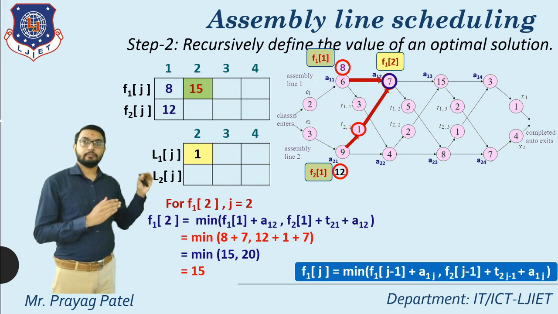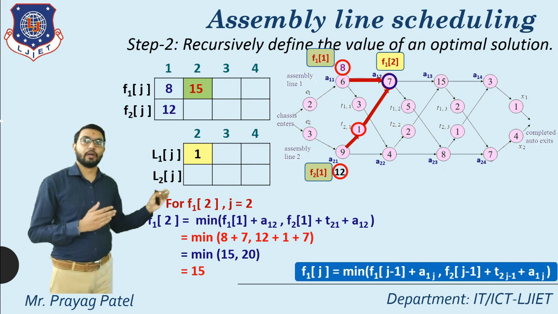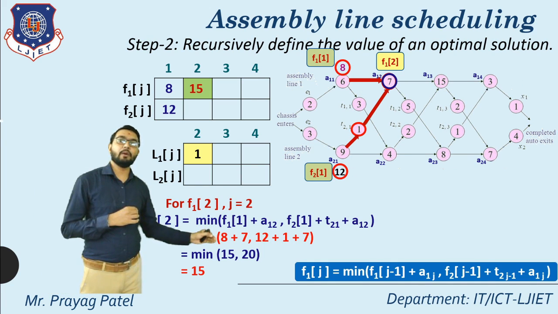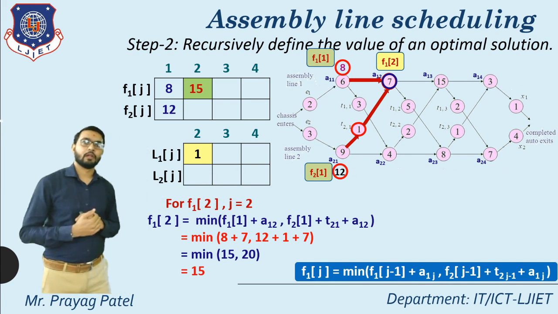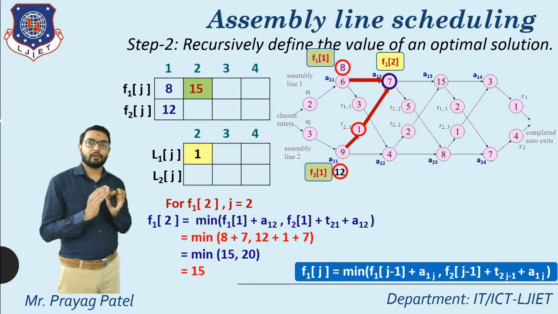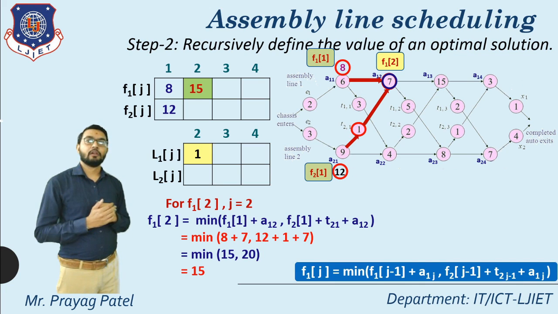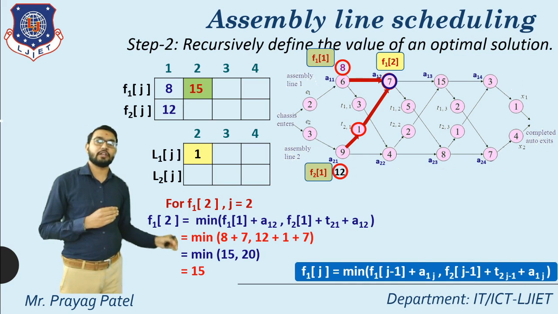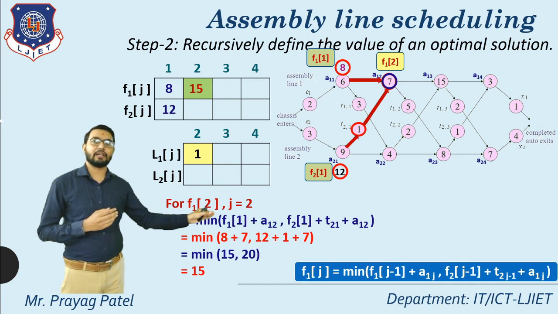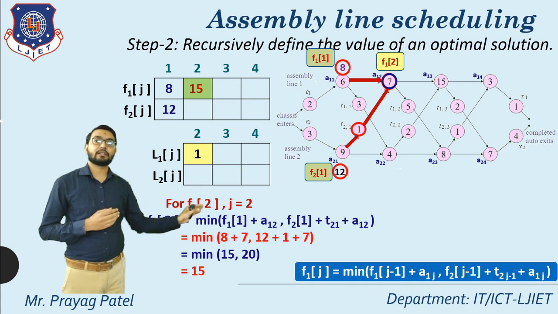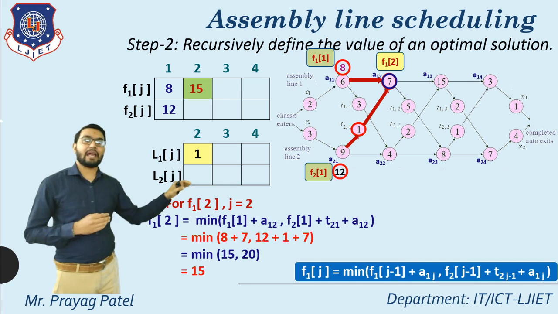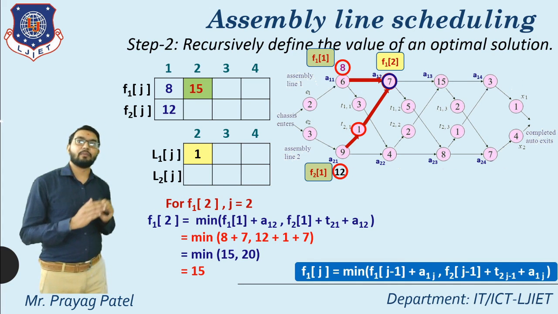So here consider L12 equal to 1. Why? Because here we find the minimum of 15, 20 and the answer is 15. So the answer occurs from the first part. Here 15 is the first value, so consider the line number as 1, because in this equation F11 is from line number 1, and the second part F21 is from line number 2.